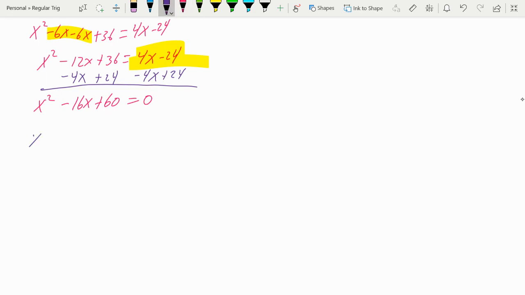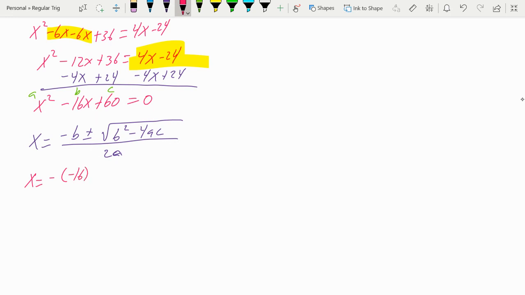Okay. So again, remember x equals -b plus or minus square root b squared minus 4ac all over 2a. Okay. There's a, there's b, there's c. You're just plugging everything in. So x is equal to negative, b is negative 16.